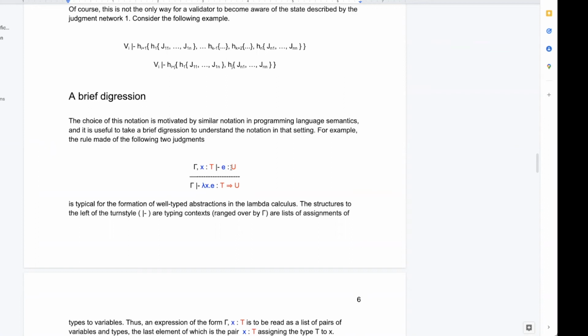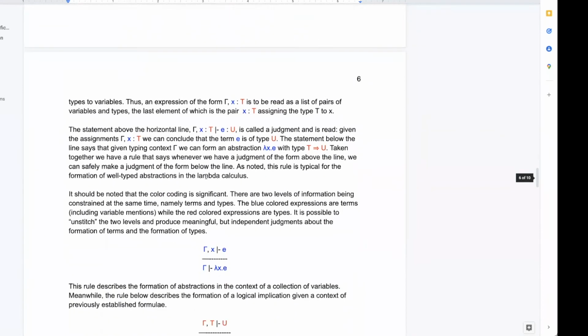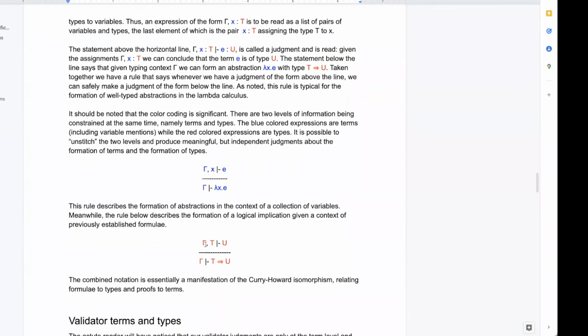So that's standard fare for the formation of well-typed lambda terms. And the reason I've color coded it is that there are really two judgments. One has to do with well-formed lambda terms, and the other has to do with the formation of logical formulae.